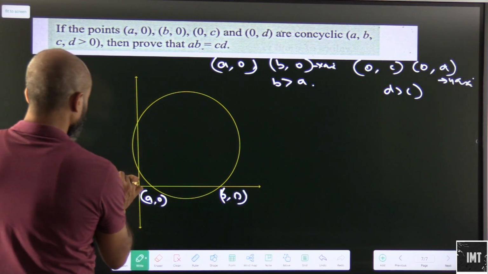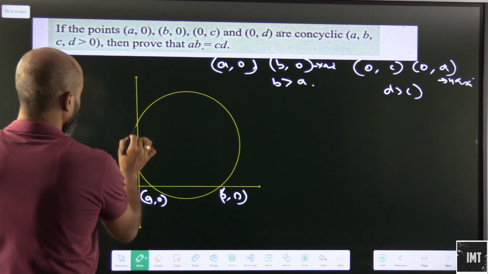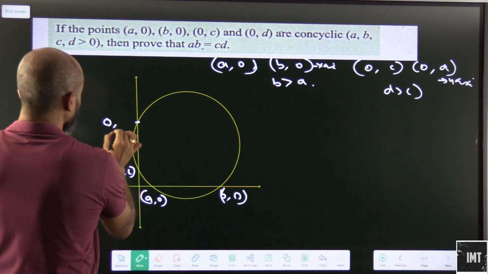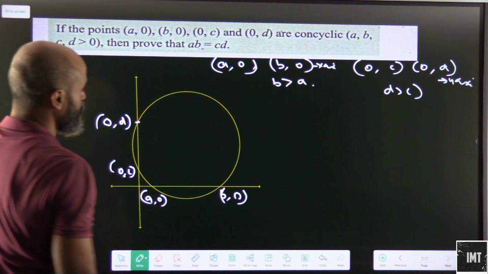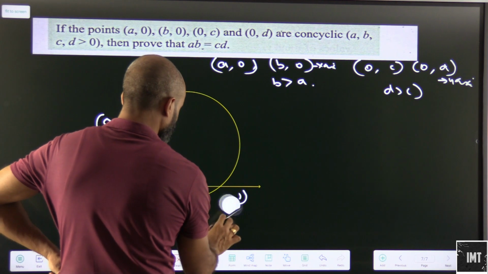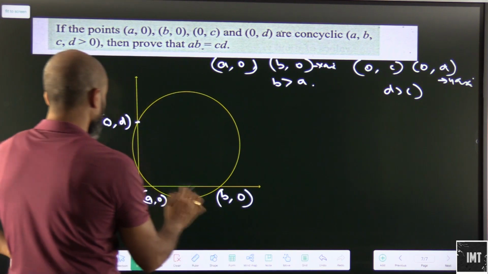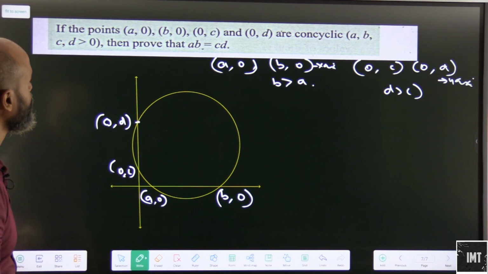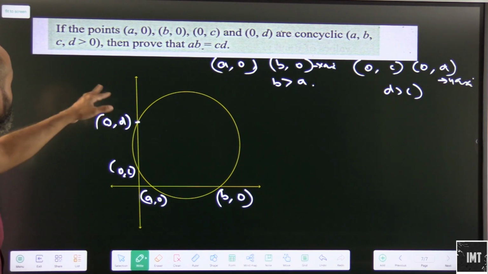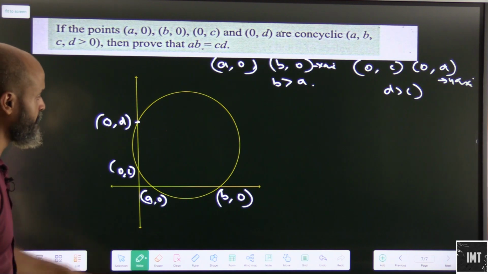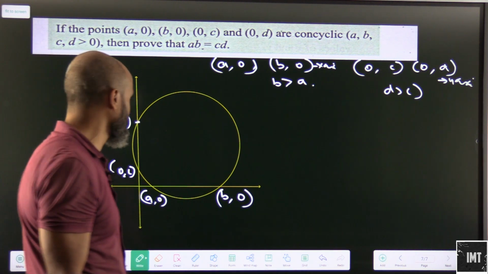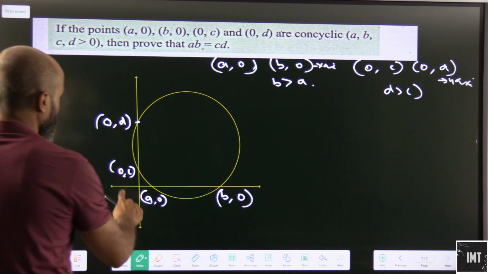Then we have (0, C), and let's say we have (0, D). Okay, (A, 0), (B, 0), (0, C) and (0, D) are concyclic. So then prove that AB is equal to CD. We have to prove that AB is equal to CD. So how do we prove this basically?